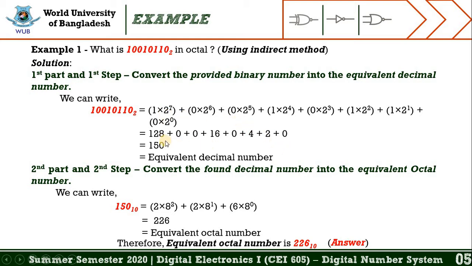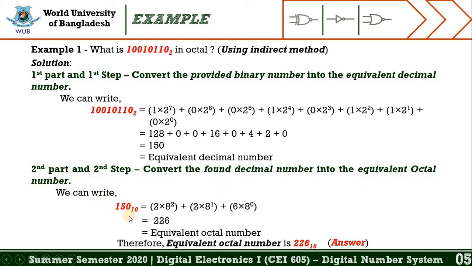So what do we get after the multiplication? 128 plus 0 plus 0 plus 16 plus 0 plus 4 plus 2 plus 0, which gives us a single decimal number, 150, and this is the equivalent decimal number of the given binary number. So let's move into the second part and second step: convert the found decimal number into the equivalent octal number.